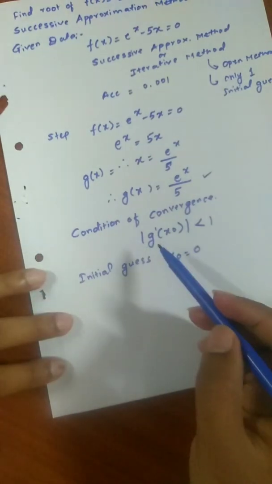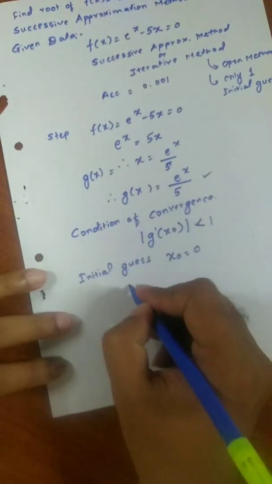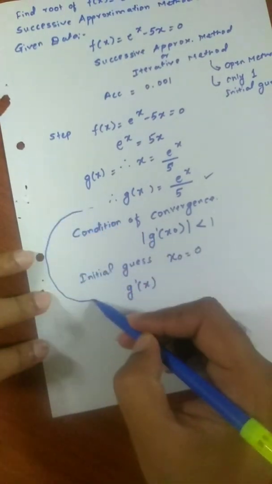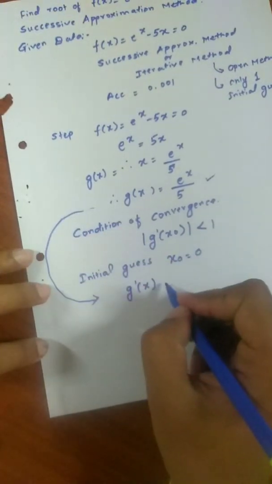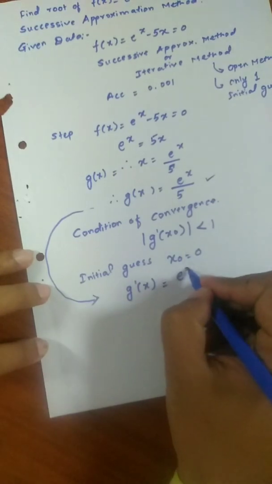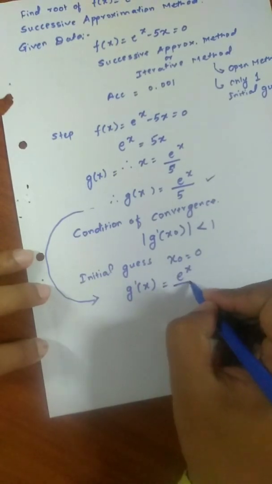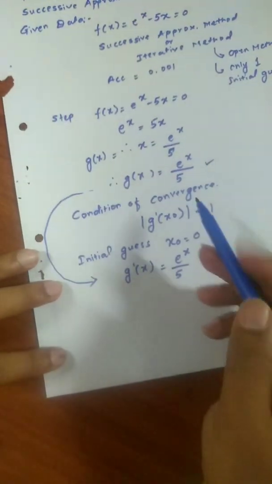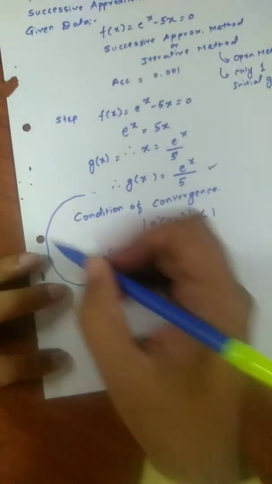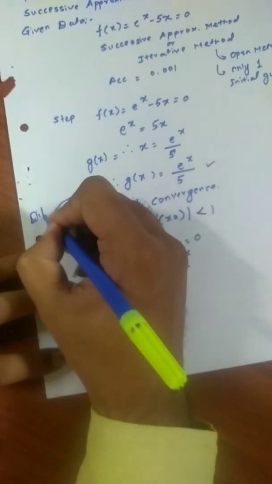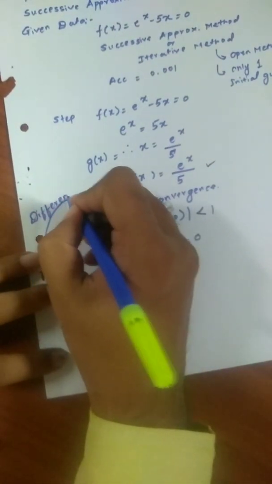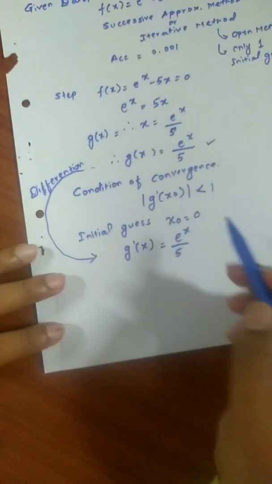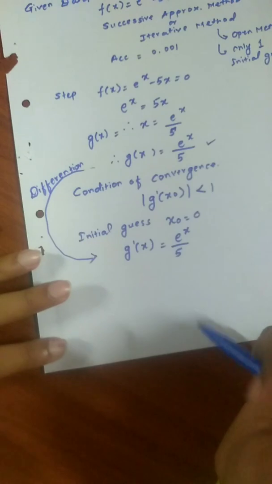For that, first of all I have to calculate g dash of x. After differentiating the given function, g dash of x is e raised to x, since the differentiation of e raised to x is e raised to x only, divided by 5. So g dash of x is similar to g of x; the function remains the same as the differentiation is the same.